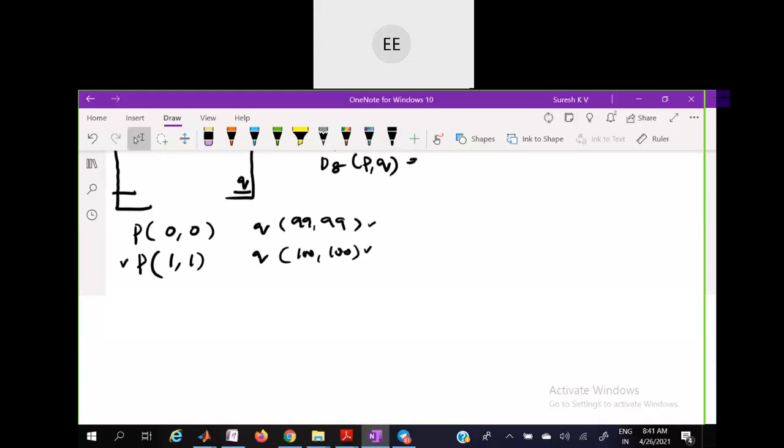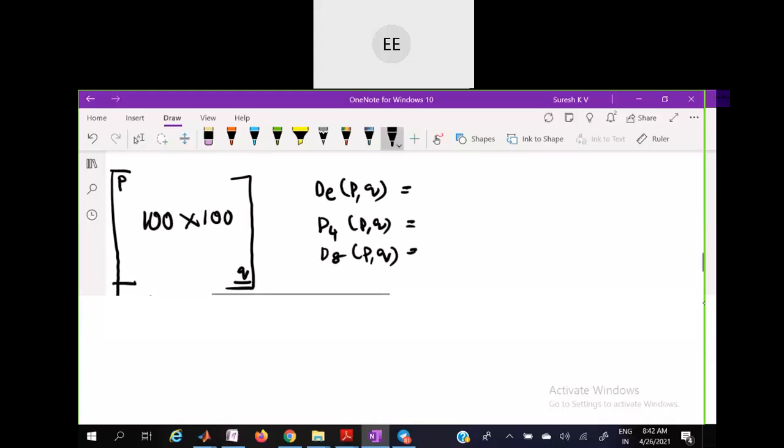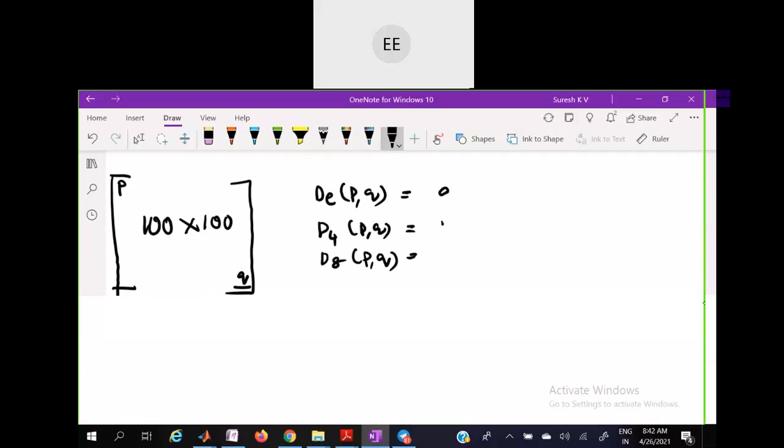So the Euclidean distance will be, using the first one, the square root of 99 minus 0 squared plus 99 minus 0 squared, that many pixels. The next one is the absolute value of 99 minus 0 plus the absolute value of 99 minus 0, so this will be 198.